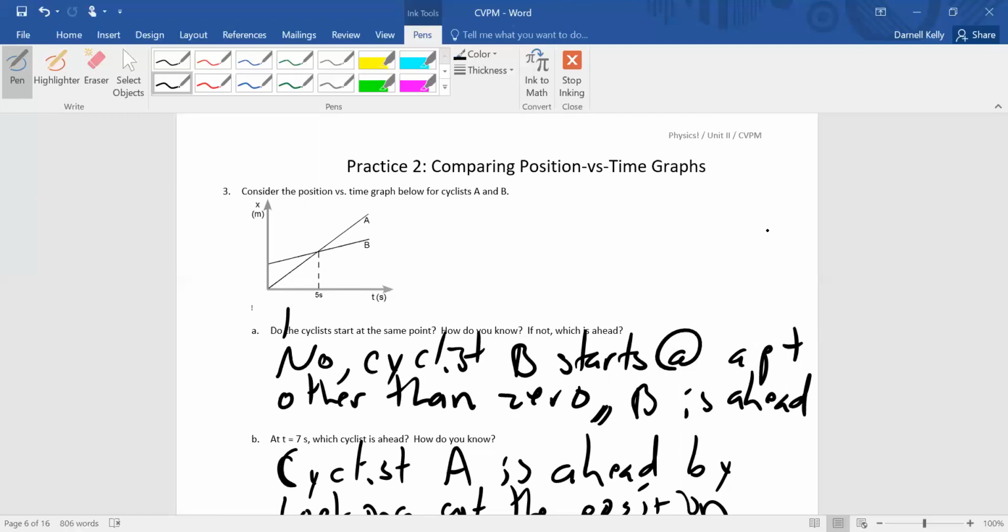The slope means something. The slope is velocity. X is represented by time because time is on the x-axis, and y is position, represented on the y-axis. X versus t, just like in math you have y versus x.